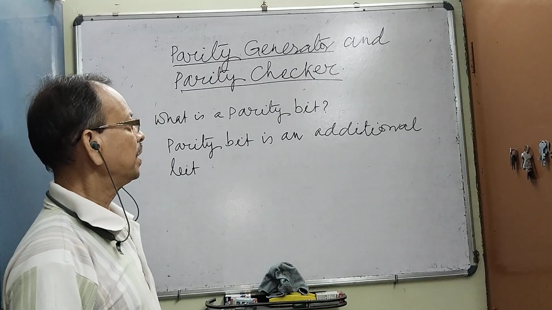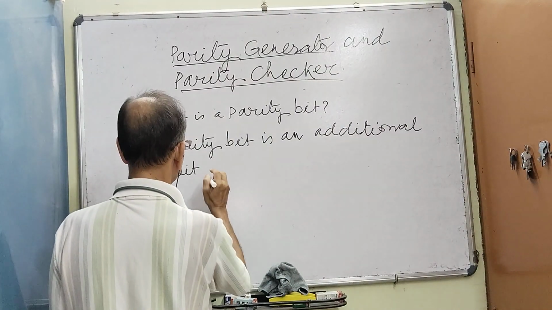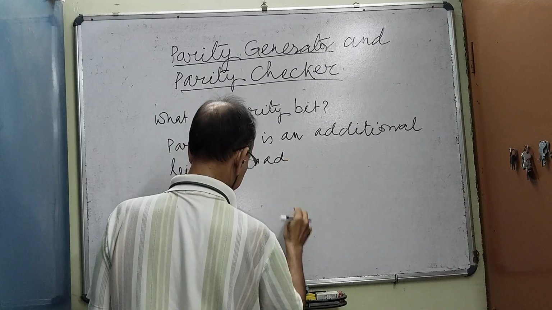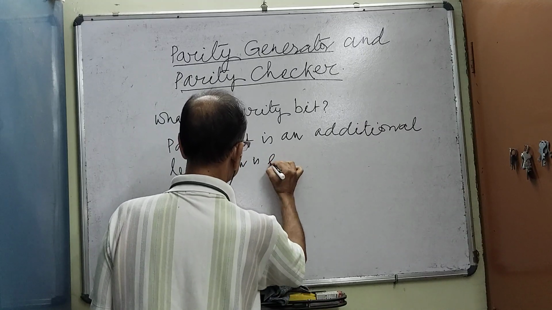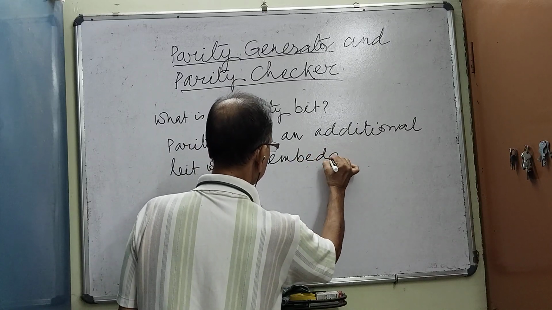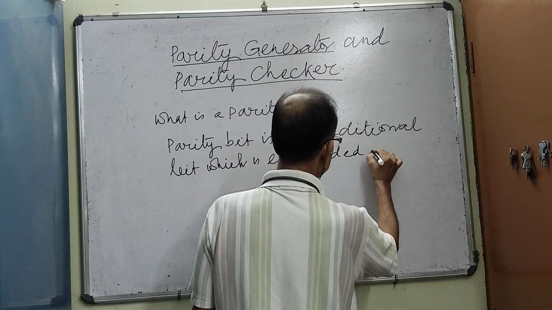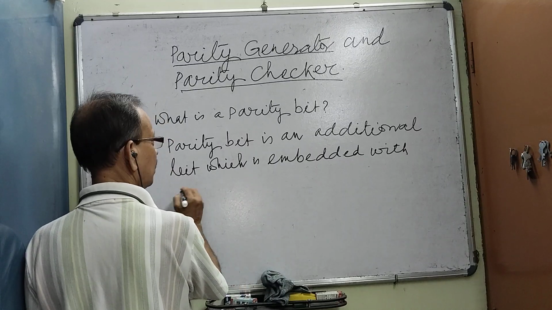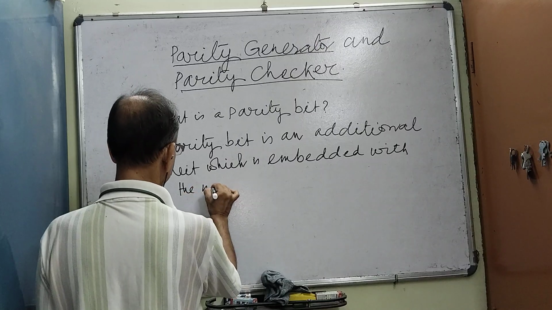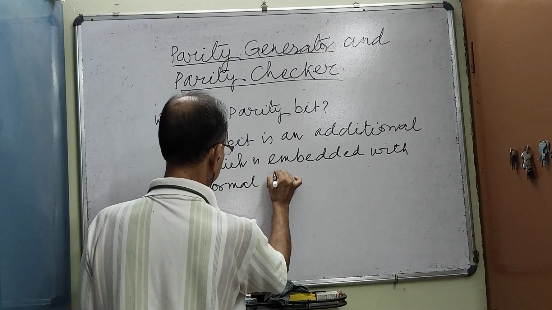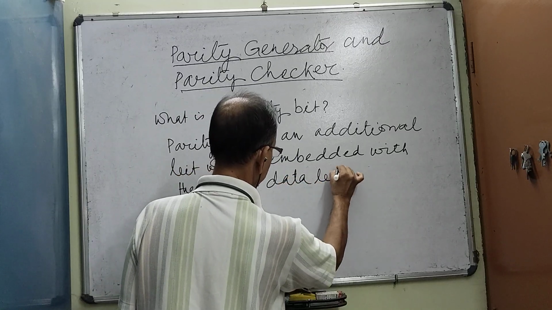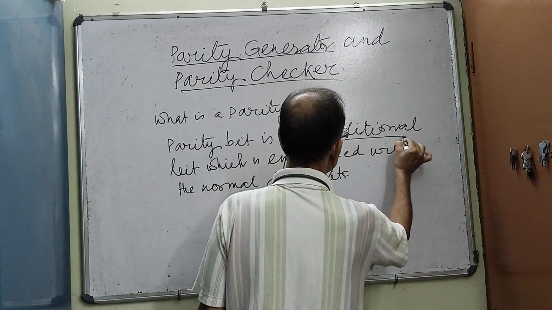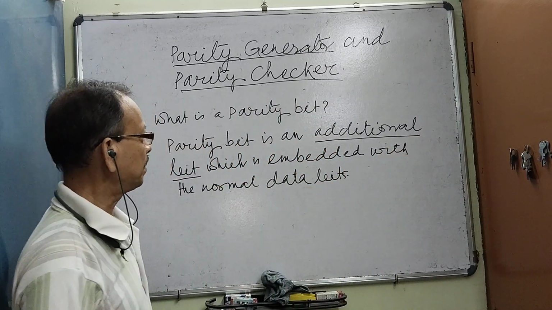So it is an extra bit. Parity bit means an extra or additional bit which is embedded.